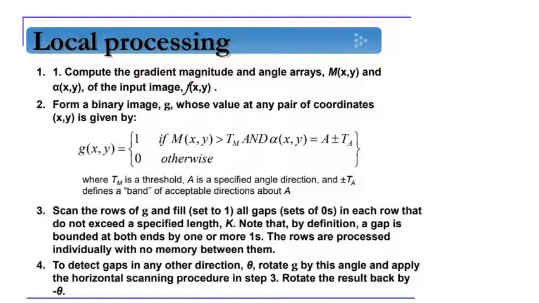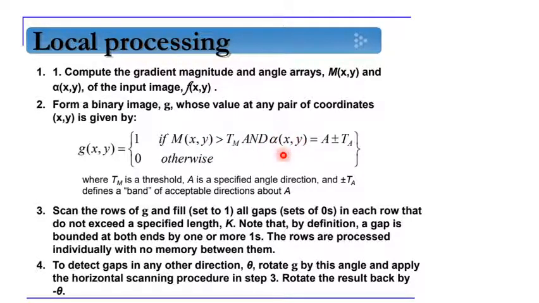The value at any pair of coordinates (x,y) in G is given by the following formula: G(x,y) is 1 if M(x,y), the magnitude at that coordinate, is greater than some threshold Tm, and, as a logical AND, both conditions have to be satisfied.